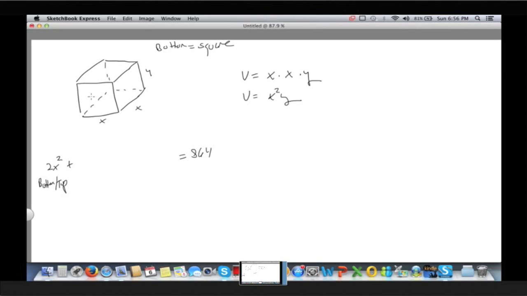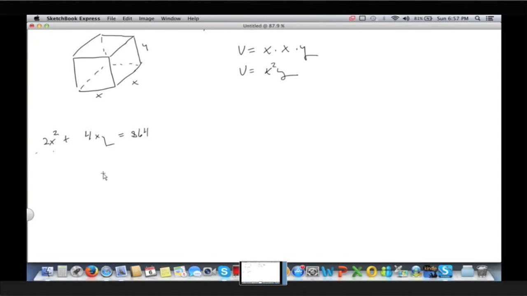So xy, xy, xy, and xy. So we have 1, 2, 3, 4, 5, 6 sides. Okay.